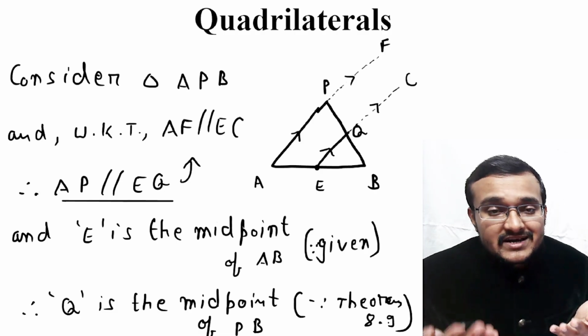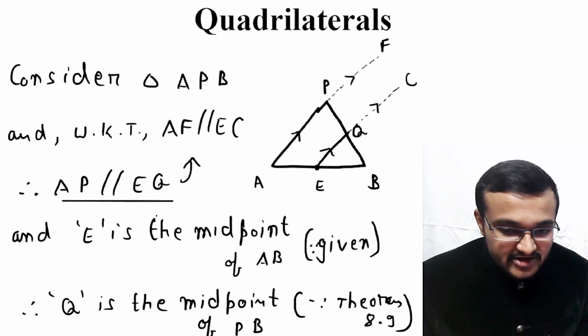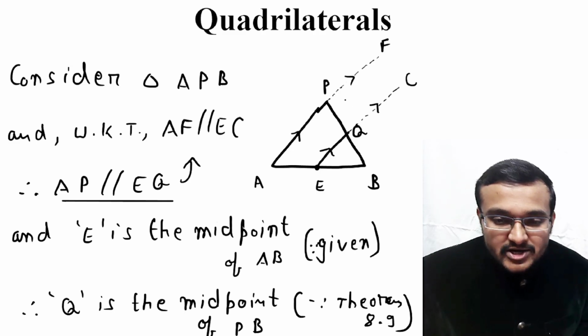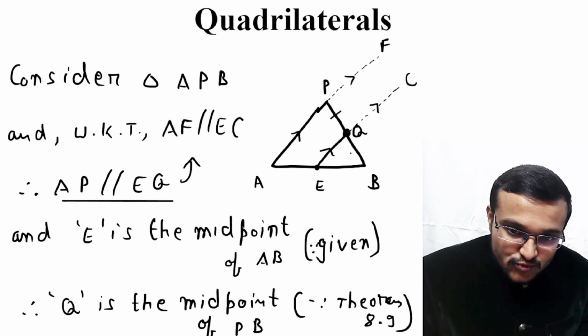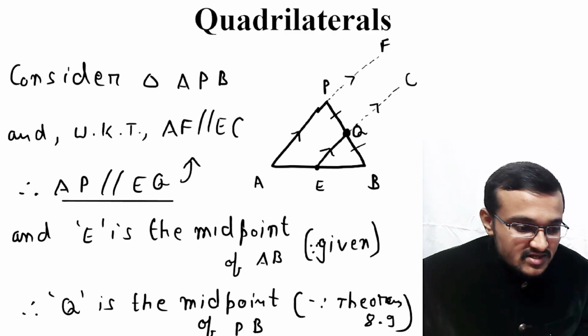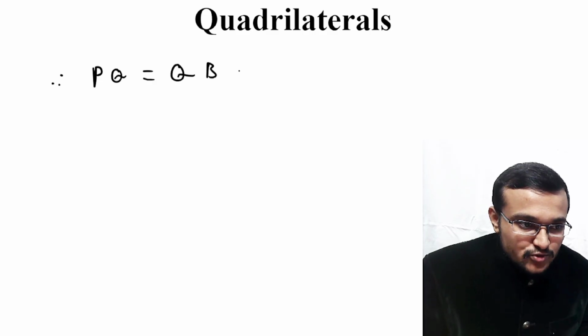To understand the midpoint theorem and its converse, you can refer to my previous videos. Since Q is the midpoint of PB, PQ is equal to QB.